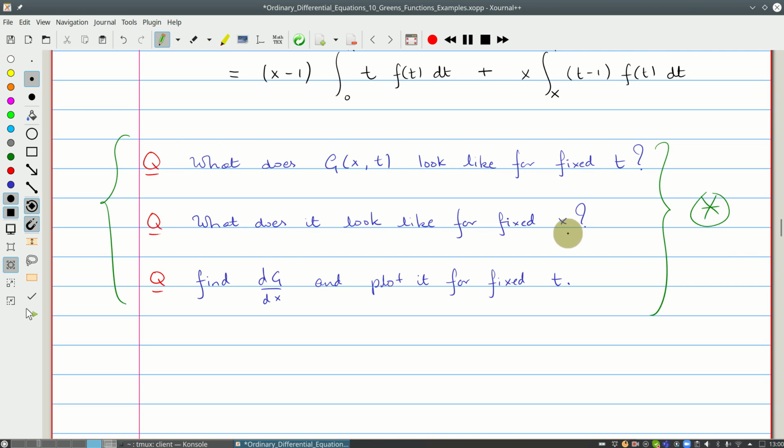What does it look like? It's kind of nice to see these things. And then the third question is, find the derivative of g with respect to x and plot it for a fixed t. What does that look like? Is there indeed a discontinuity at the point x is equal to t? Please do this. It's always nice to get some insight into what you're up to.